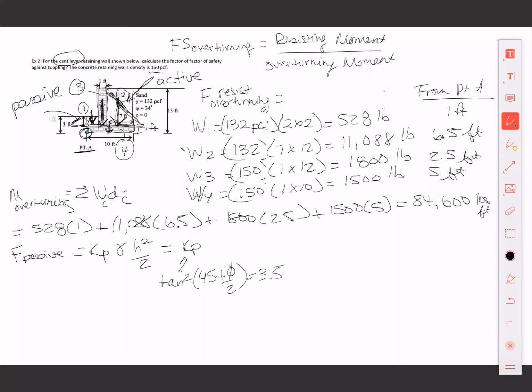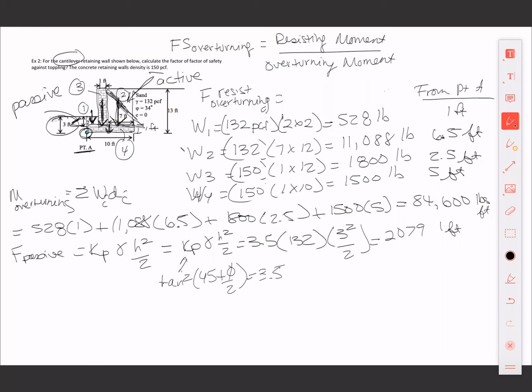And then our unit weight, so this is gamma h squared over 2. So this is 3.5 times the unit weight, which is 132, times the height, which is over here, 3 squared divided by 2. So the passive force is 2,079, and it's 1 foot from A as well.